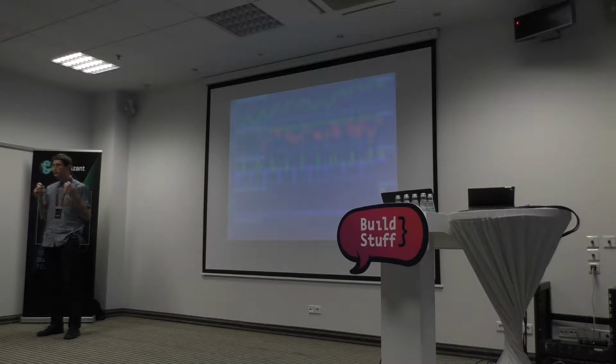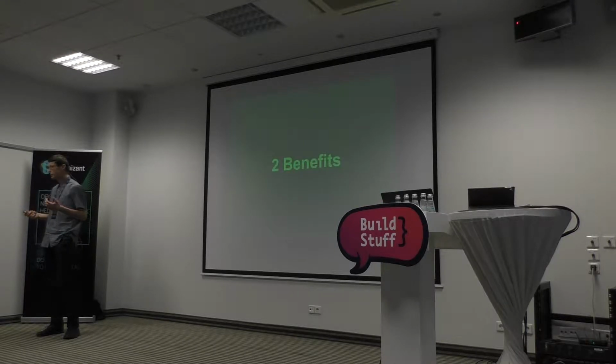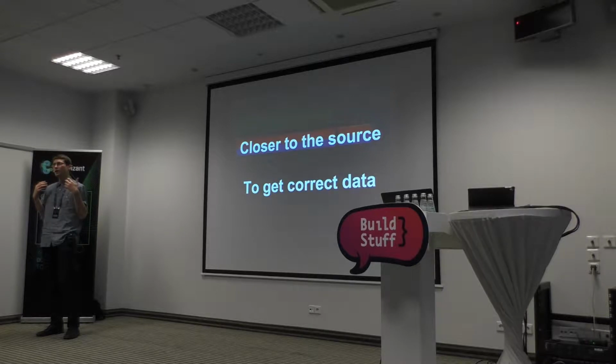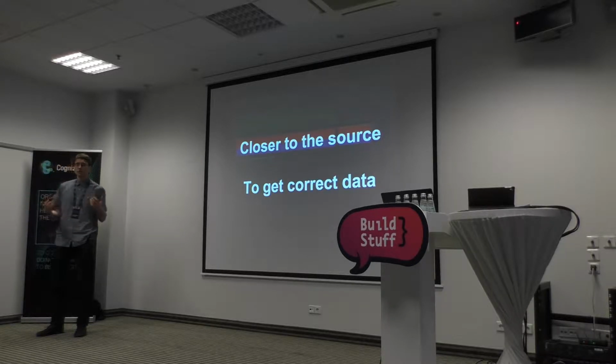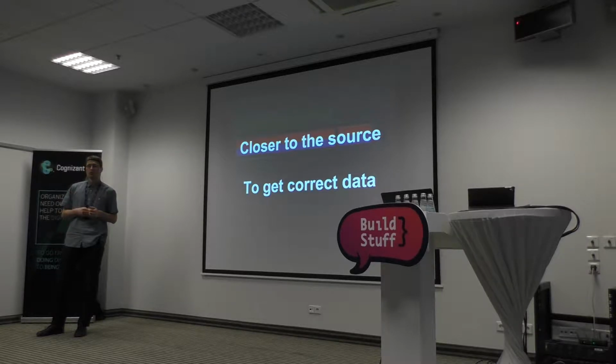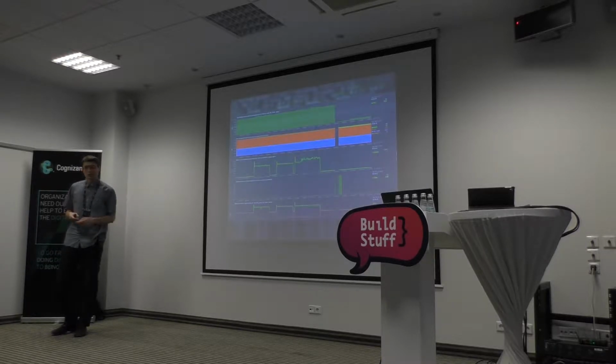And during those situations, you want to have some tools or some infrastructure to just check what is really going on. And then I found NetData, and it has two benefits. First of all, it is as close to the source as possible, because it is installed on the actual machine, so you can just SSH to it and use port forwarding to see the dashboard, and it looks something like this.